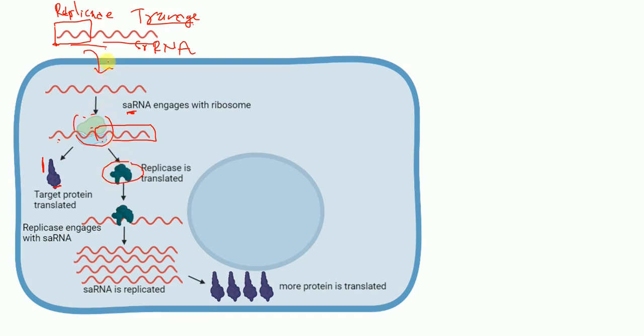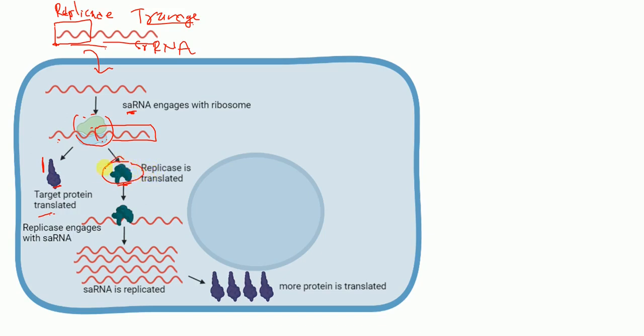This is very important, guys. Our self-amplifying RNA enters the cell and engages with the ribosome, and the ribosome translates from the self-amplifying RNA our target protein, because we have the sequences for that, and the replicase machinery is also translated because we have the sequence for that. And as you know, we need this replication machinery for the replication.